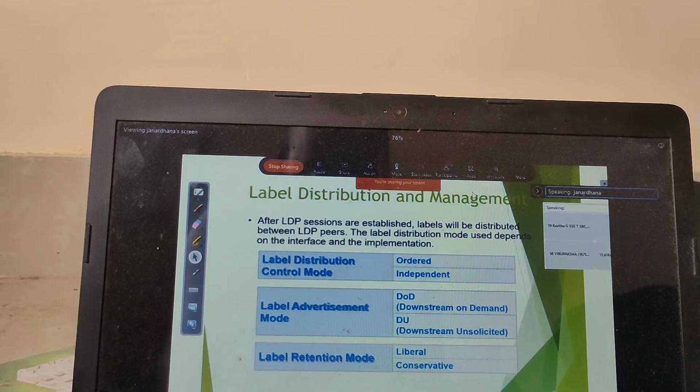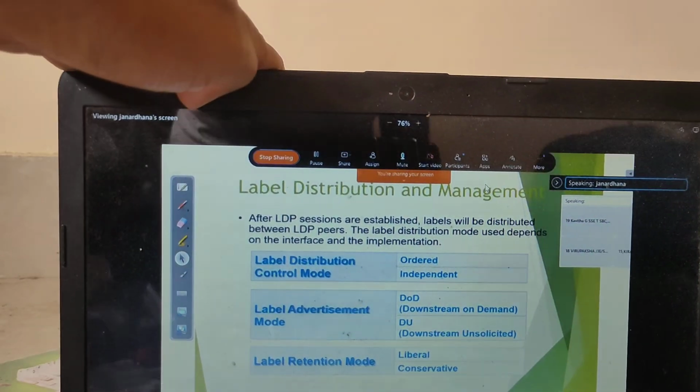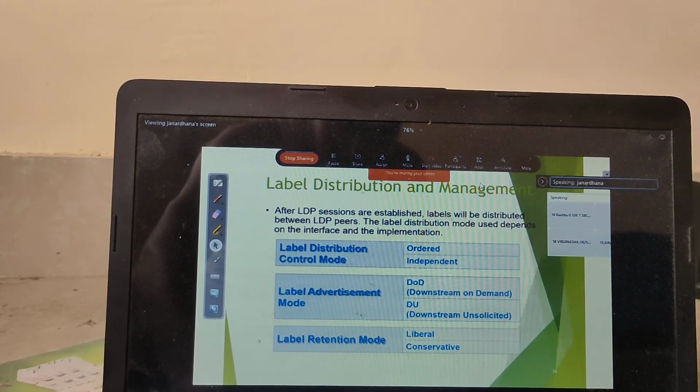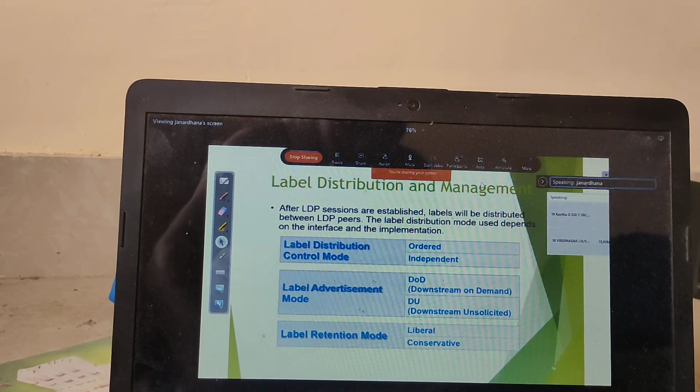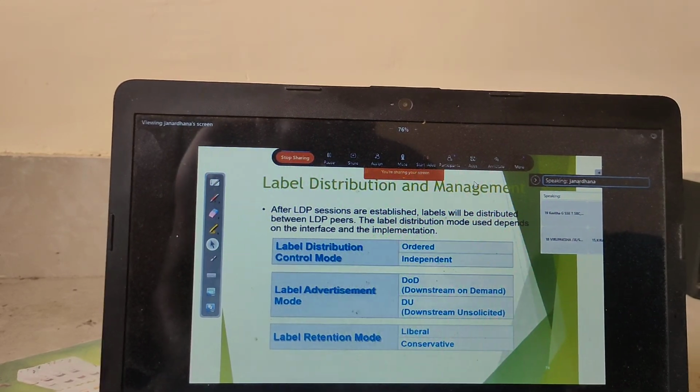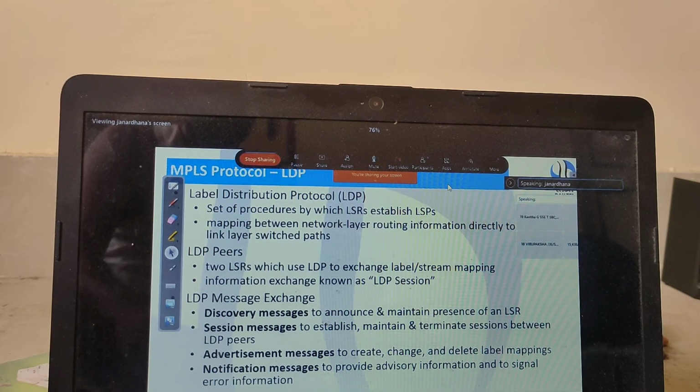There are also different modes in which LDP can be configured: ordered mode and independent mode, downstream on demand, downstream unsolicited, liberal and conservative. This decides whether a label has to be exchanged with the other router on demand, or can be given directly without demand.